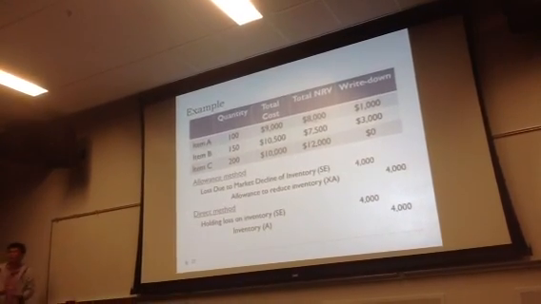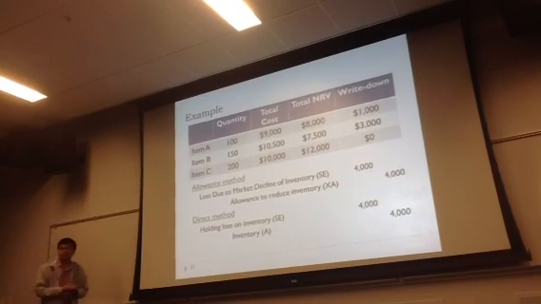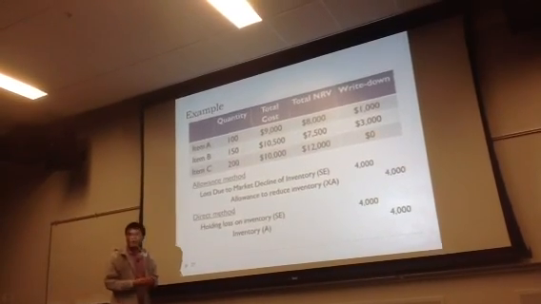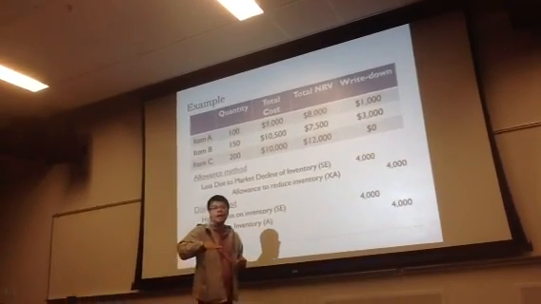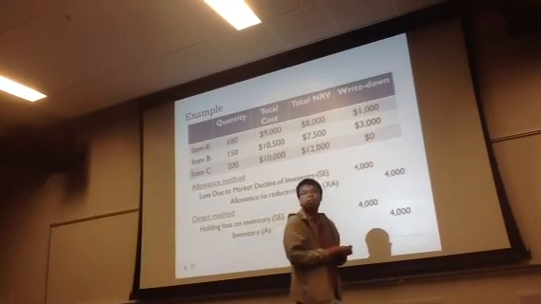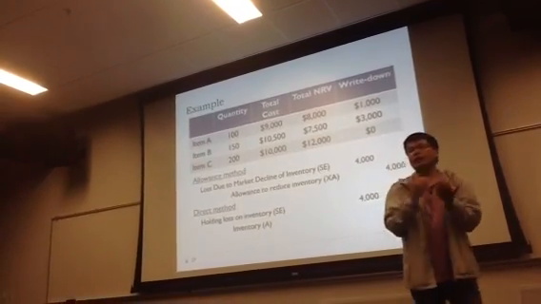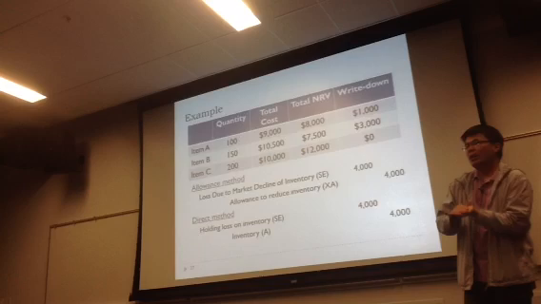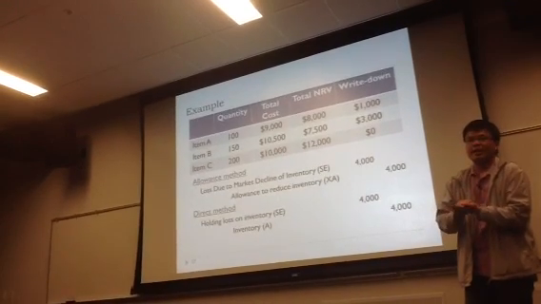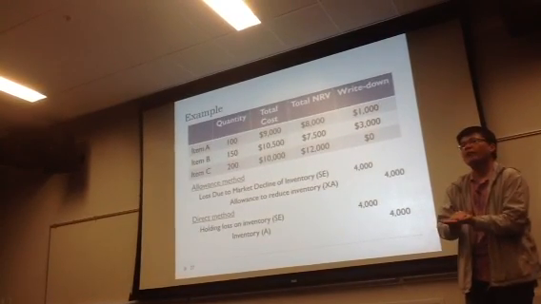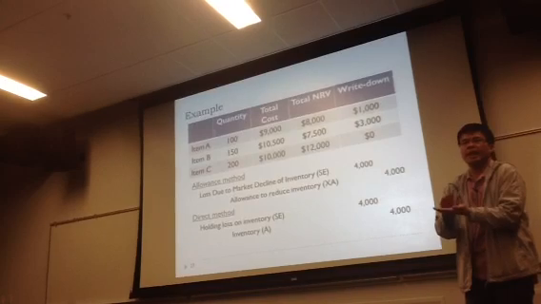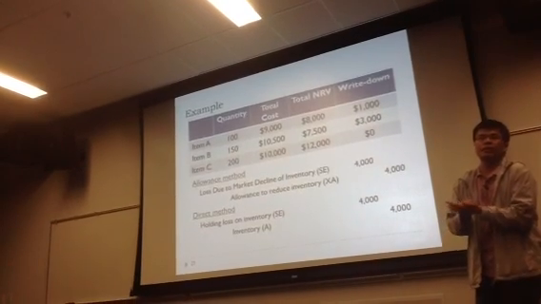The market price, which is the NRV, is lower than the cost by $1,000, so you write down the inventory by $1,000. Originally you have $9,000, and after writing down by $1,000, you are left with $8,000. So what you have on your balance sheet is the NRV rather than the original cost.